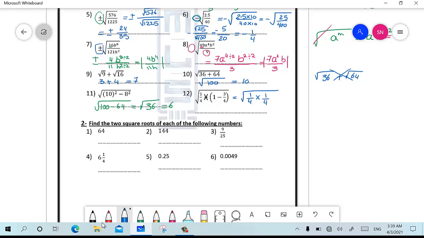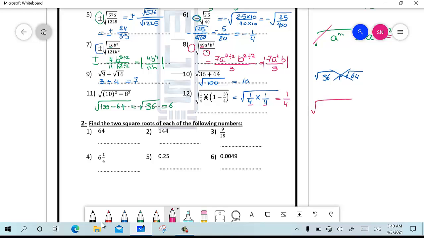Now I have the square root of 1 over 4 times 1 over 4. We said before that the square root is the number I multiply by itself to get the answer. So if I have here two numbers multiplied together and they are the same, simply I'm going to take one of them. So this is going to be equal to 1 over 4.